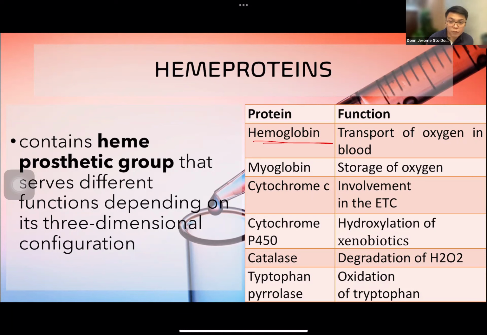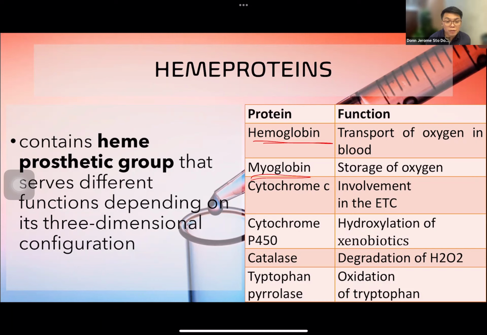The main function of hemoglobin is to transport oxygen in the circulation. Myoglobin is made up of 1 subunit of globin chain. When heme is attached to it, it can function as a storage of oxygen. Kasi mag-isa lang siya, no? It's not efficient in transporting oxygen. Only storage. Cytochrome C is a protein seen in your electron transport chain, for the transport of electrons.